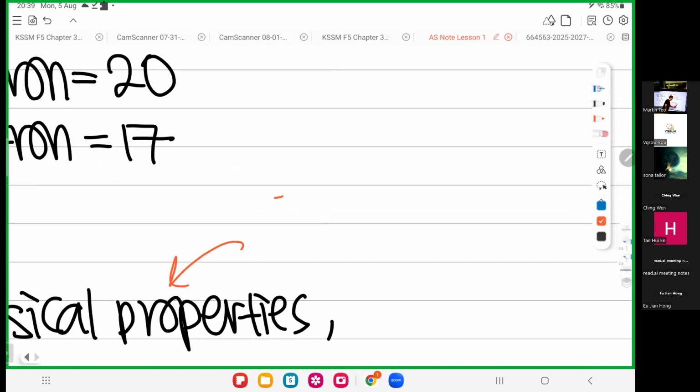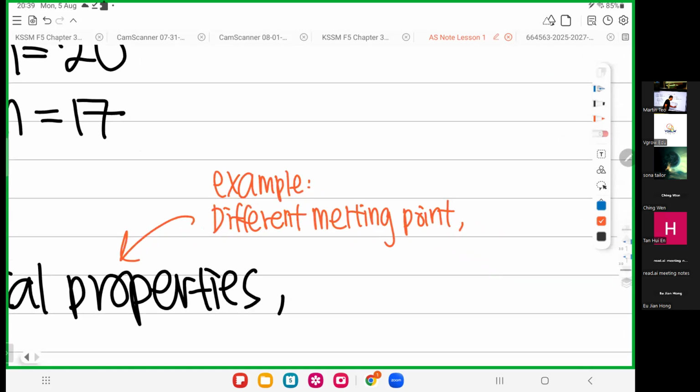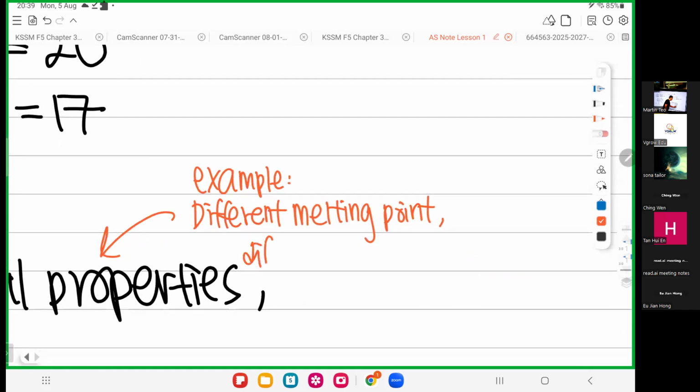For example, they might have different melting point, different boiling point, and different density. So they have different physical properties.